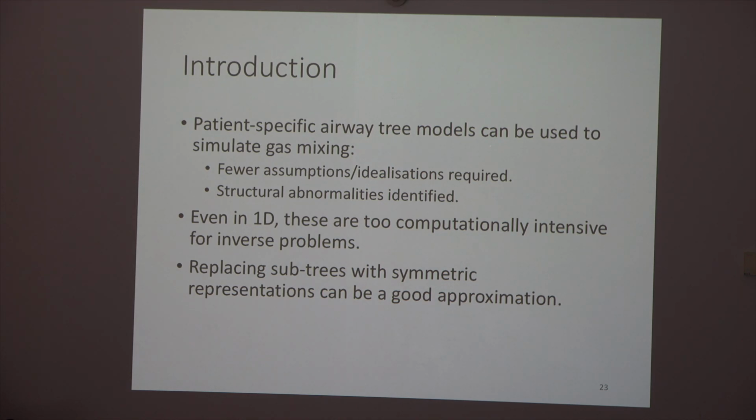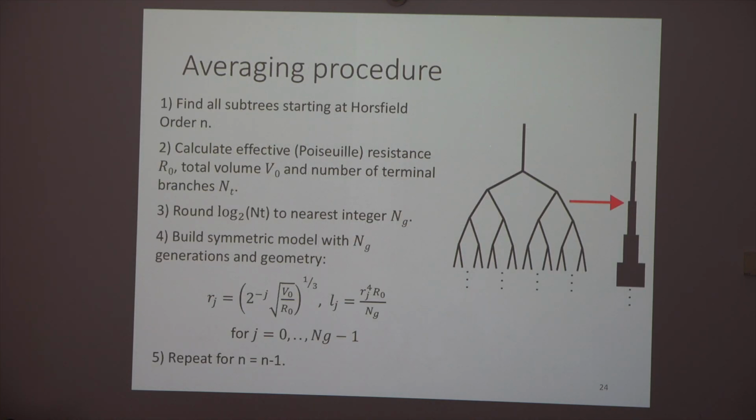So that's essentially the problem. The question is, do we need all those airways, or can we sum them up by chopping parts of the tree off? So what we do is we average over the more distal airways. We turn those into symmetric trees, which can then be represented by a single edge or a single line of nodes rather than lots and lots of branches.